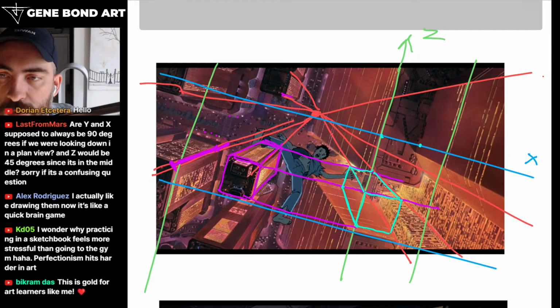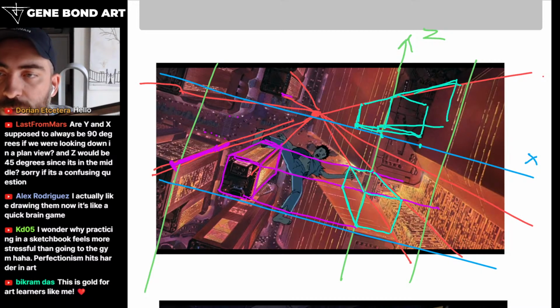And then I transfer it here, for example, but I make it 2 times higher. So it's the same kind of building, but I just make it 2 times higher, like this.